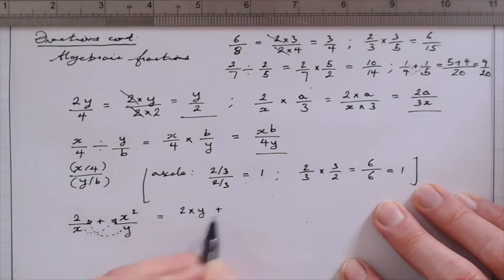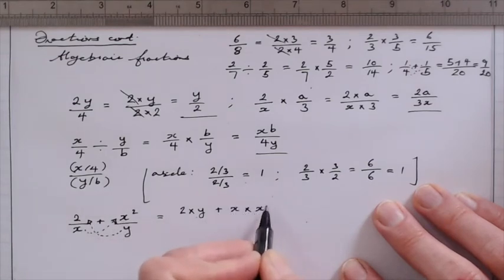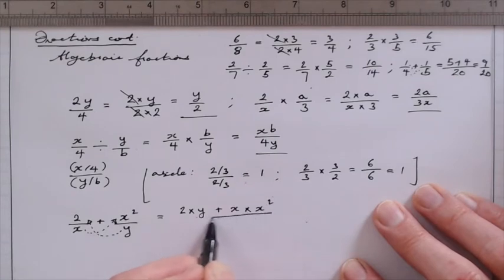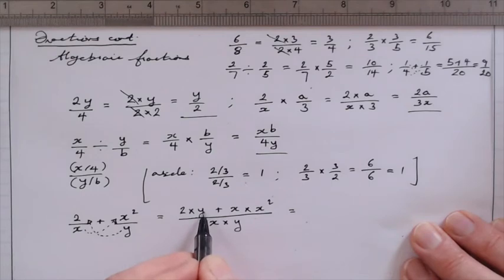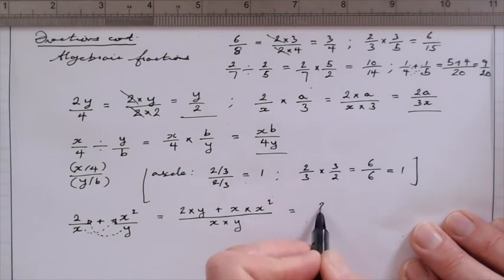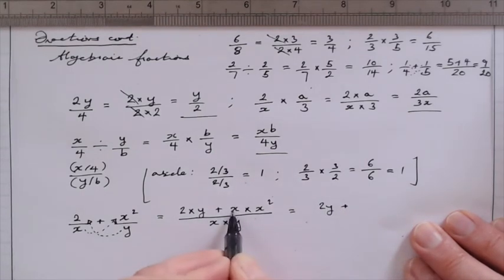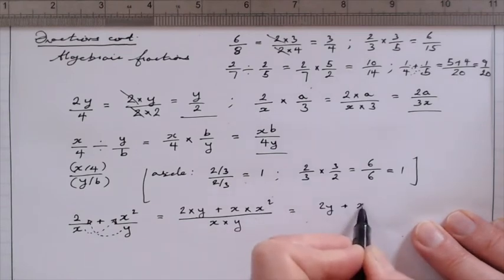We have plus x multiplied by x squared, all over the product of the denominators, x times y. And I can just manipulate this a little bit. So I have 2 lots of y plus x times x squared is x cubed.